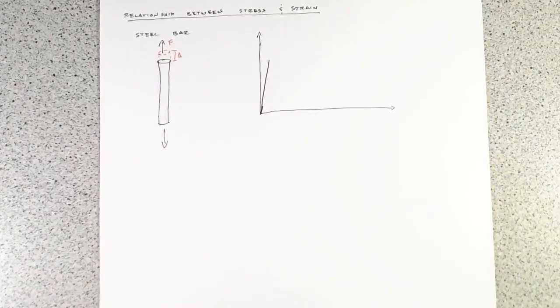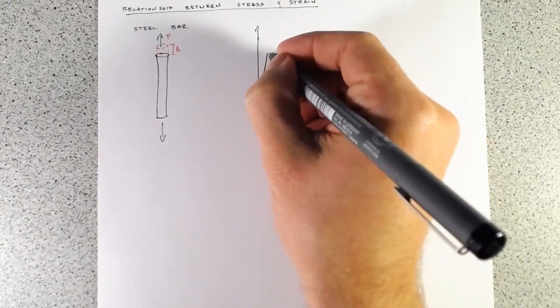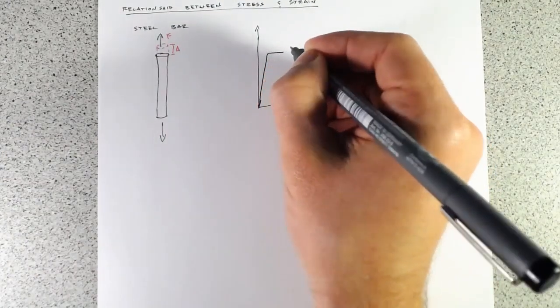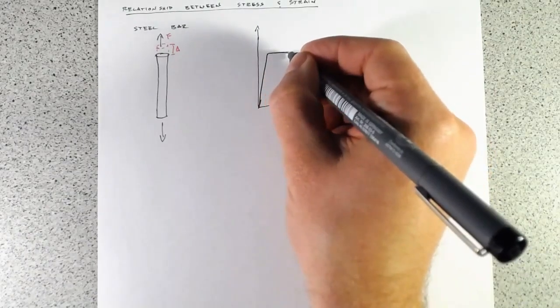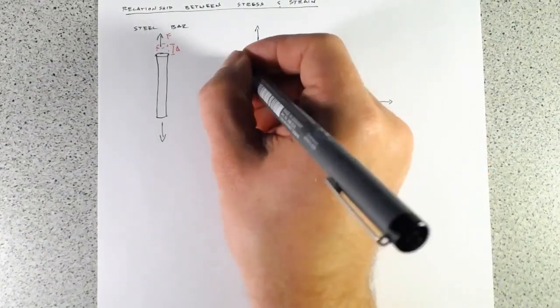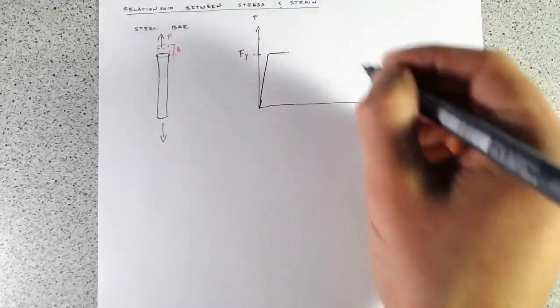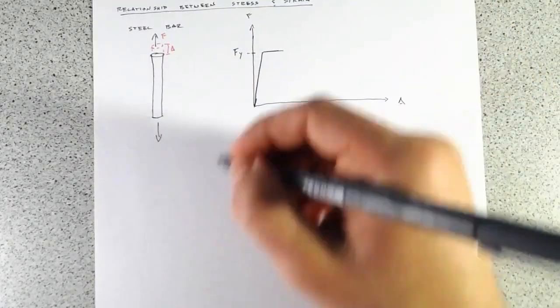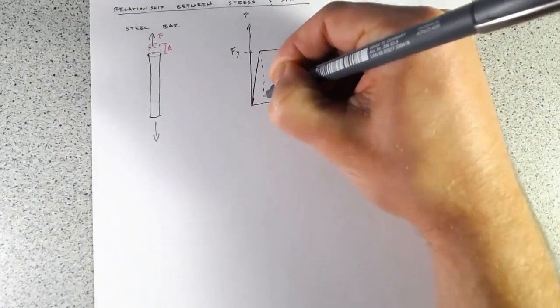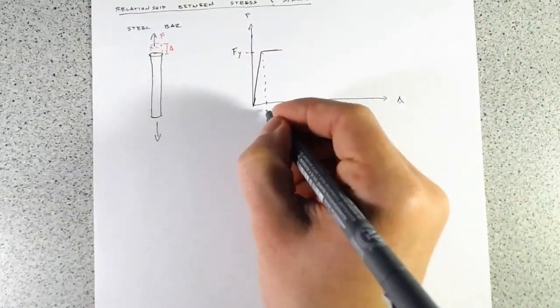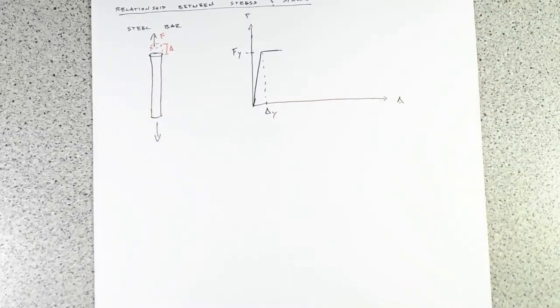And once it yields, the molecules rearrange, and it can't take any additional force. And so it yields, and we get this flatness. So it's this point here we'll call Fy, and that's our F-axis, and this is our delta axis. And there's a corresponding delta Y.